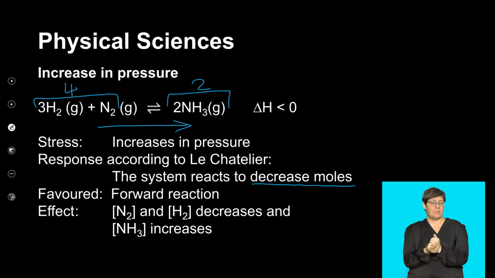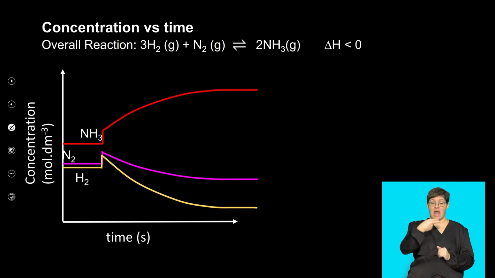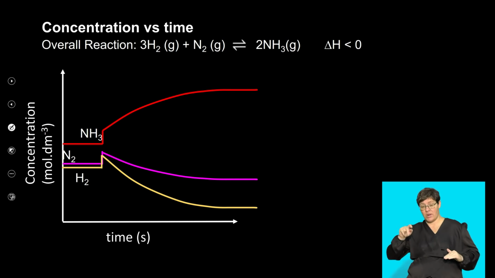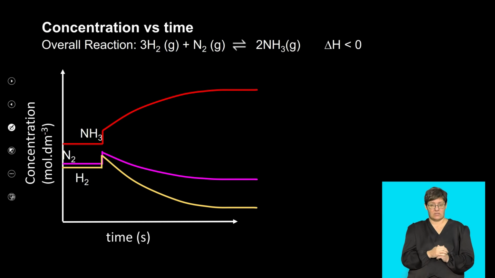So what will happen if the forward reaction is favored? It basically means that the concentration of nitrogen and hydrogen will decrease, and the concentration of ammonia will increase. So here we show the disturbance, our vertical lines.